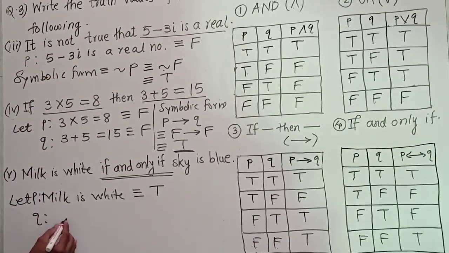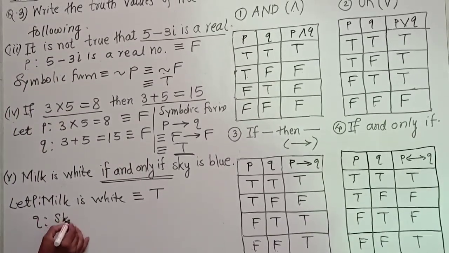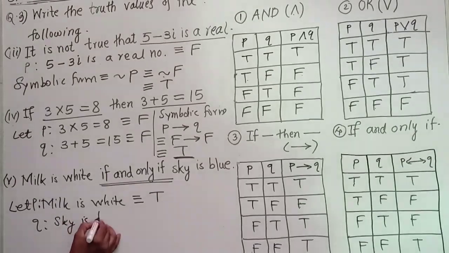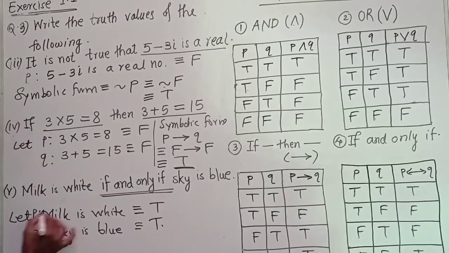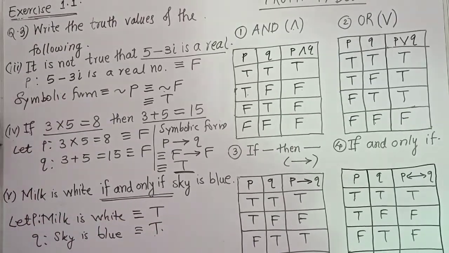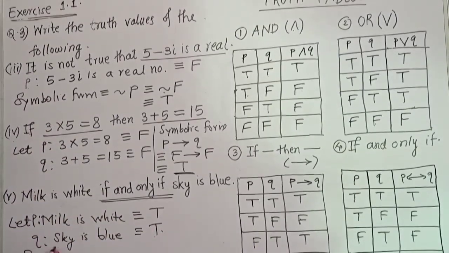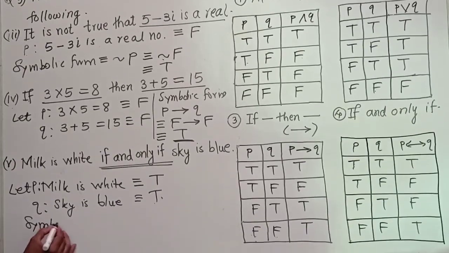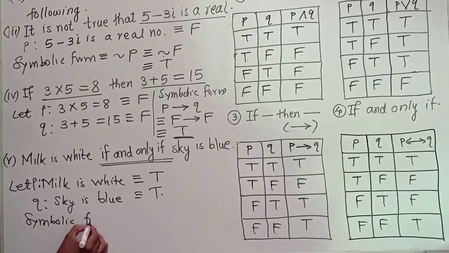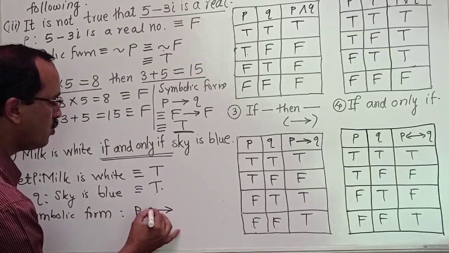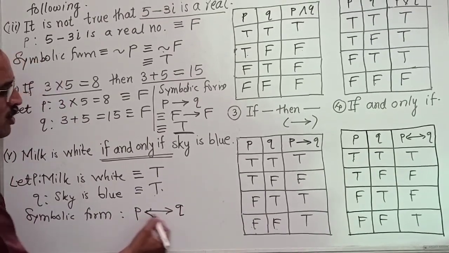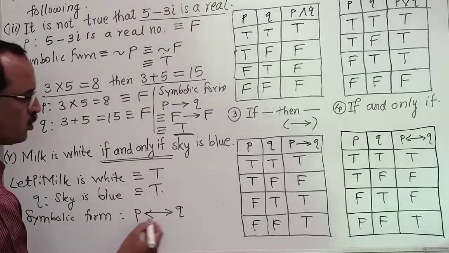The second statement Q is sky is blue. Sky is blue. So its truth value is also true, means P is true, Q is true. Then we write the symbolic form for the if and only if statement. Its symbolic form is P if and only if Q. It is a double-sided arrow.